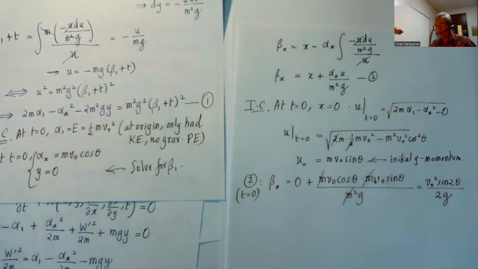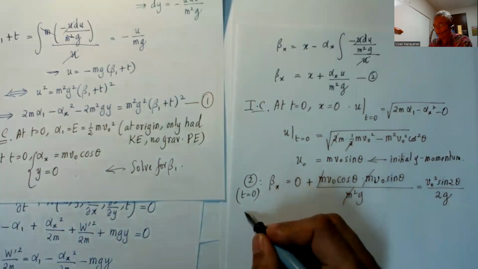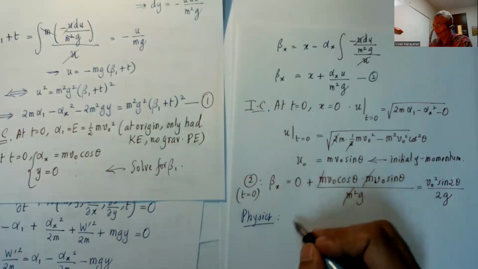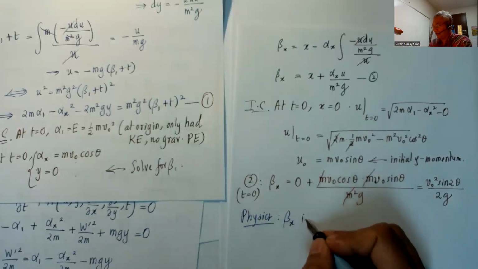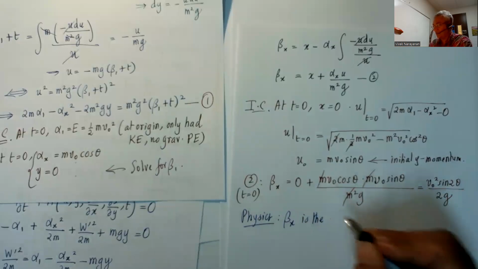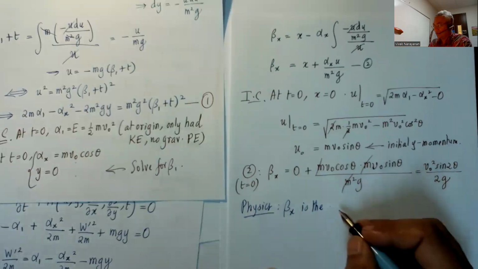Well, physically interpret this. I'm sure you're all aware that this, interpreted physically, is just the highest point. Beta x is the range.